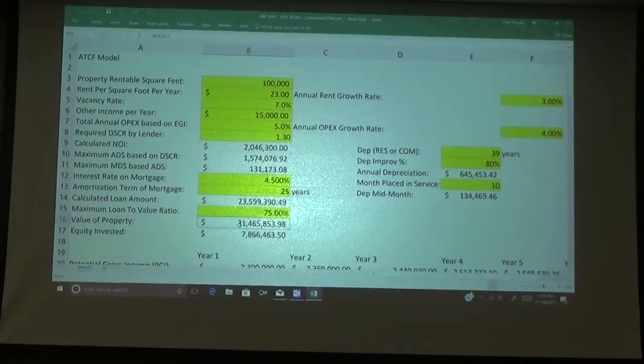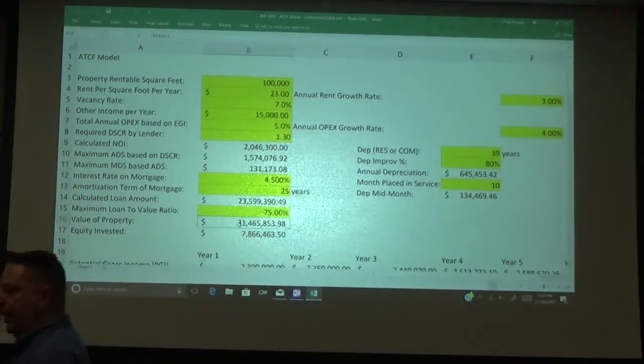For January, because of the mid-month convention, you get 11 and a half months of depreciation. For February, 10 and a half, 9 and a half, 8 and a half, 7 and a half, 6 and a half, 5 and a half, 4 and a half, 3 and a half, 2 and a half, 1 and a half, and half a month. Okay?